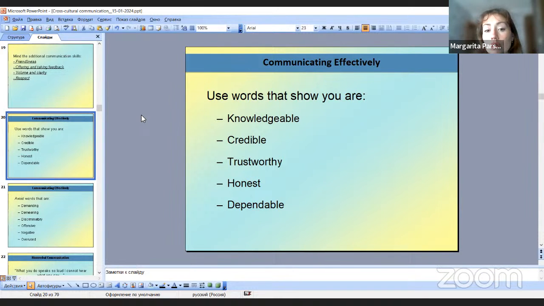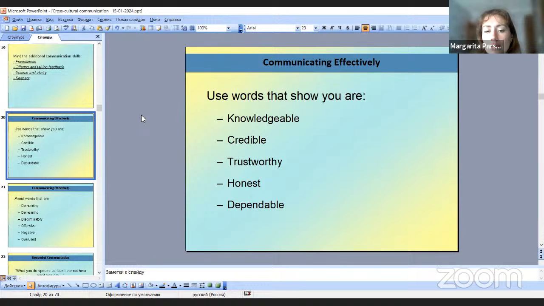And what about words? Honest words are the important words and, at the same time, the best words for this concrete situation, for this matter.